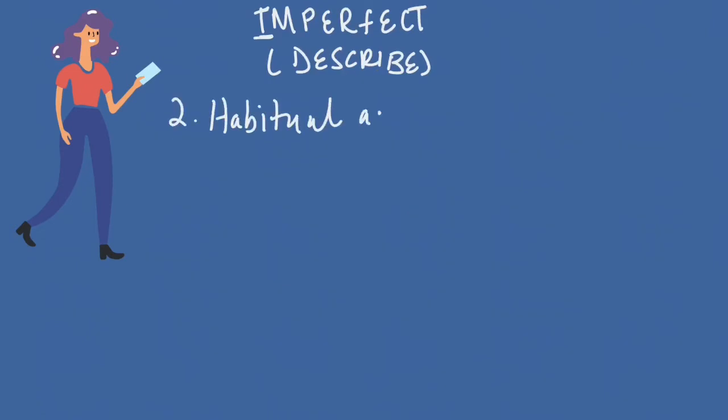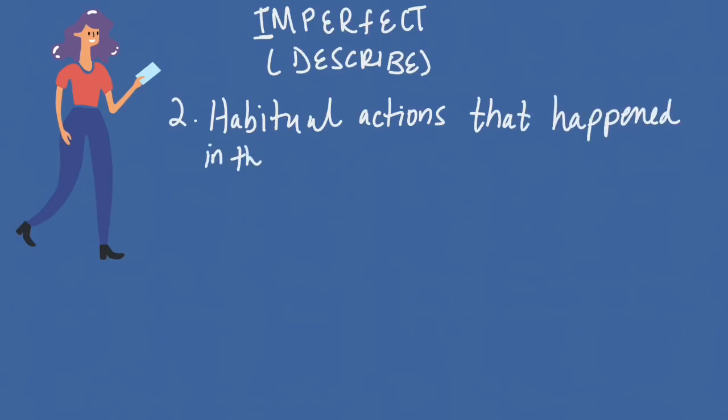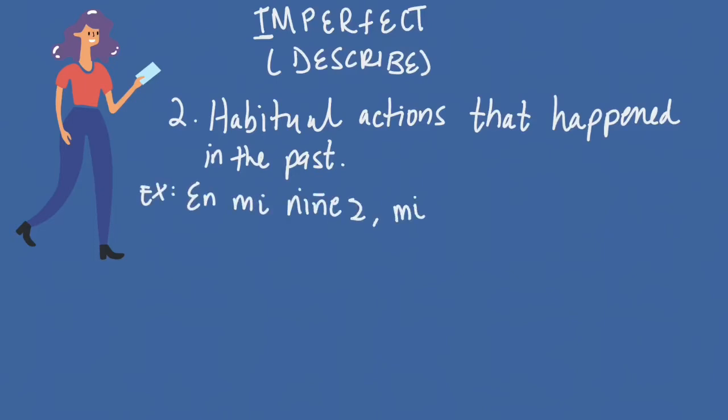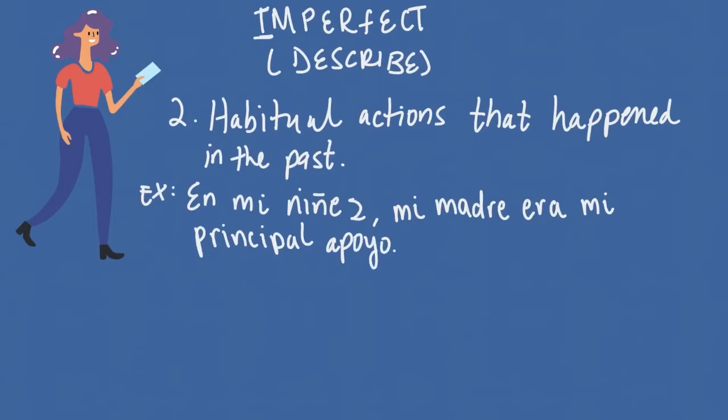Second, we also use the imperfect to describe habitual actions that happened in the past. For example, en mi niñez, mi madre era mi principal apoyo.